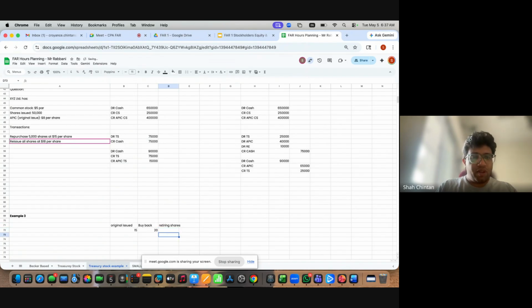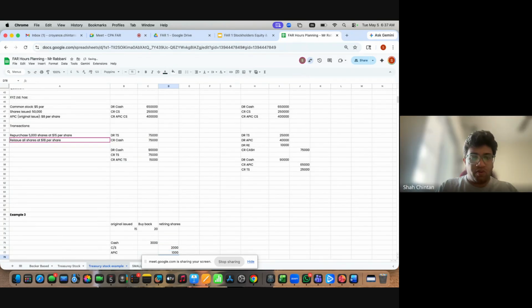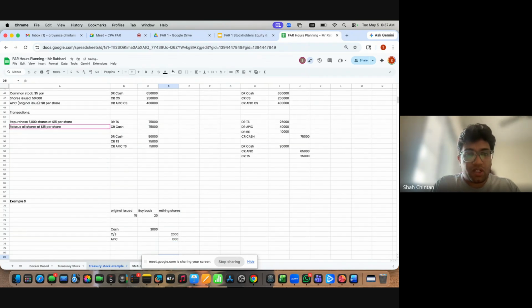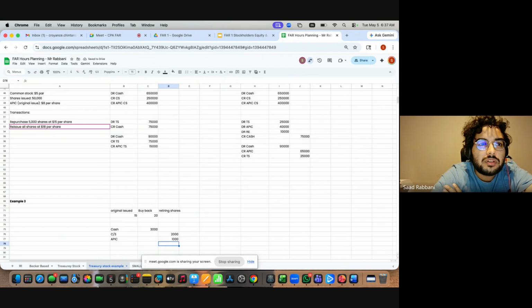Let's quickly write down the entries. When you issue original share, your entry is cash account debited to common stock to epic. What is the amount? 200 share into 15, 200 share into 10, and remaining 200 into 5. Sorry, 200 into 15 for cash.